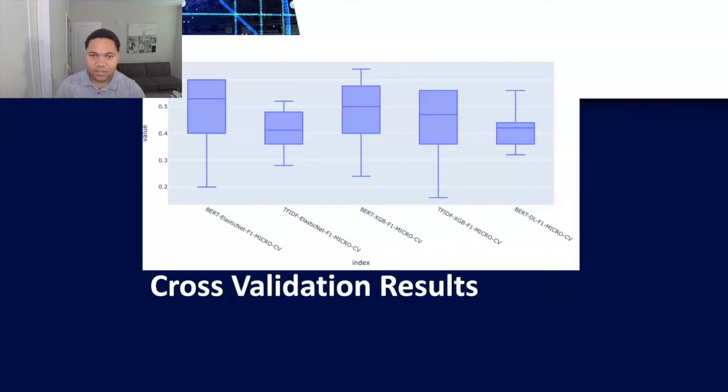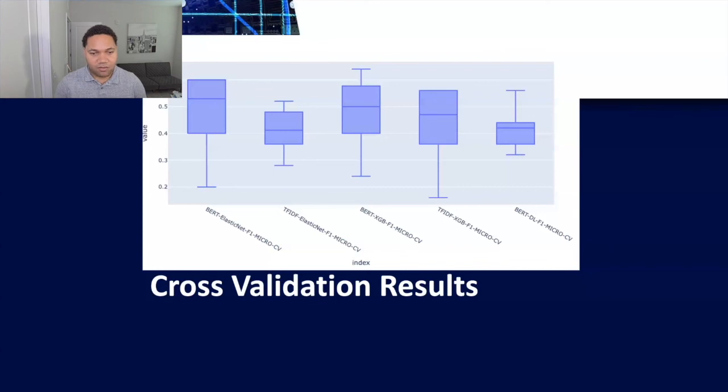Now, XGBoost does perform a little bit better than the ElasticNet, especially with TFIDF XGB. Even though I didn't do any hyperparameter tuning with that, it still outperformed the TFIDF ElasticNet.